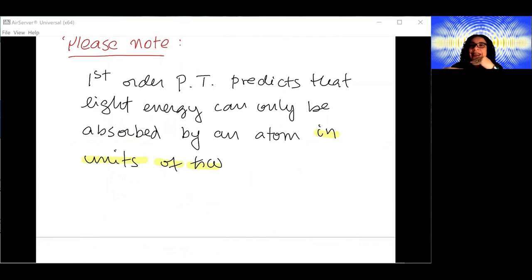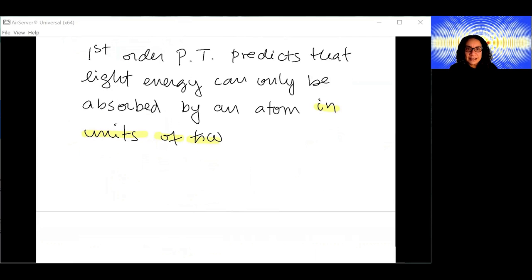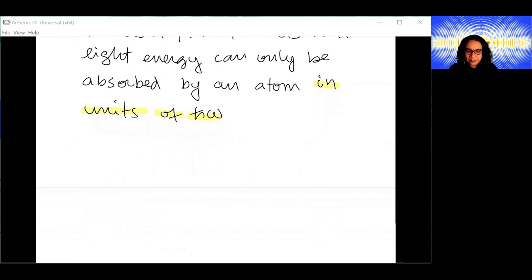And now the initial state is one unit of h bar omega down with regard to the final state, or one unit up. So they are always separated by a unit of h bar omega, where omega is the angular frequency of the radiation you're putting in. So this is quite a powerful result, and it's quite interesting as well to see.